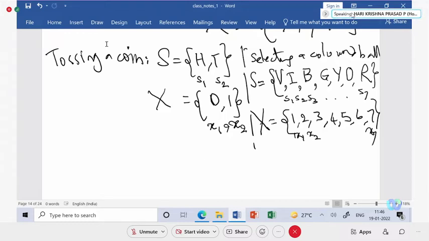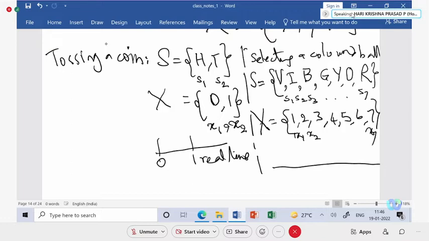Okay. And once the numericals are assigned to the random variable, I can draw a real line where all numericals are placed. I can show on that line the values assigned to the outcomes of the experiment. In the second case, along the real line, I need to show 1, 2, 3, 4, 5, 6, 7.